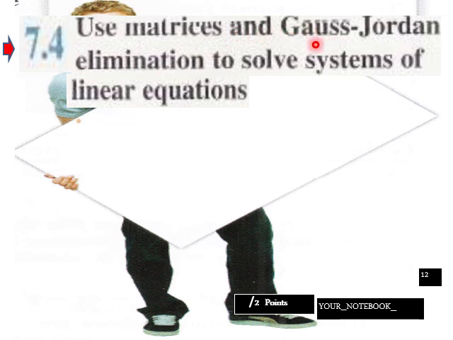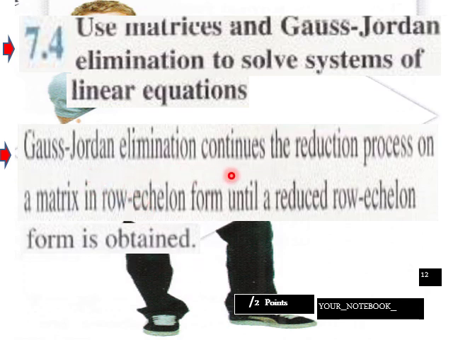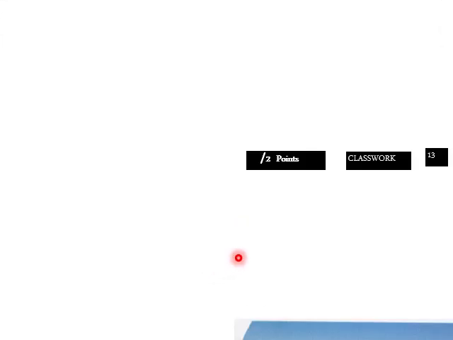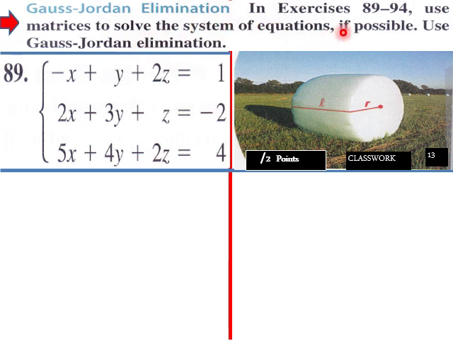Use matrices and Gauss-Jordan elimination to solve systems of linear equations. Gauss-Jordan elimination continues the reduction process on a matrix in row echelon form until a reduced row echelon form is obtained. So in these exercises, use matrices to solve a system of equations if possible.